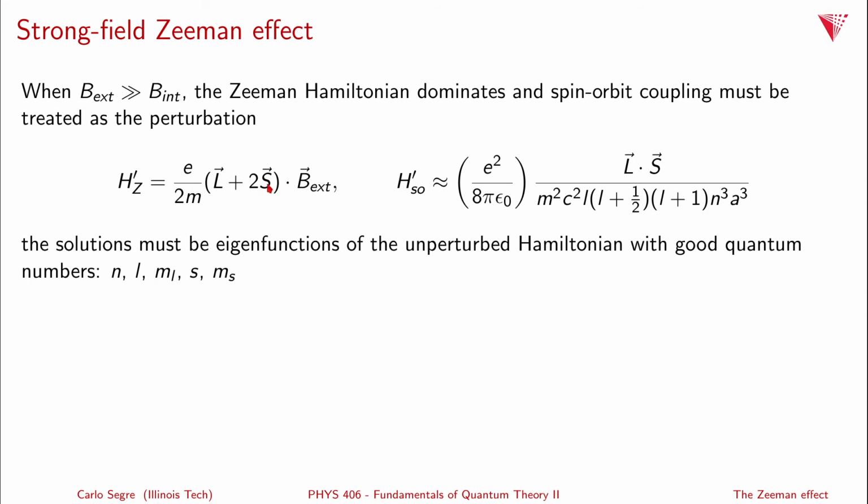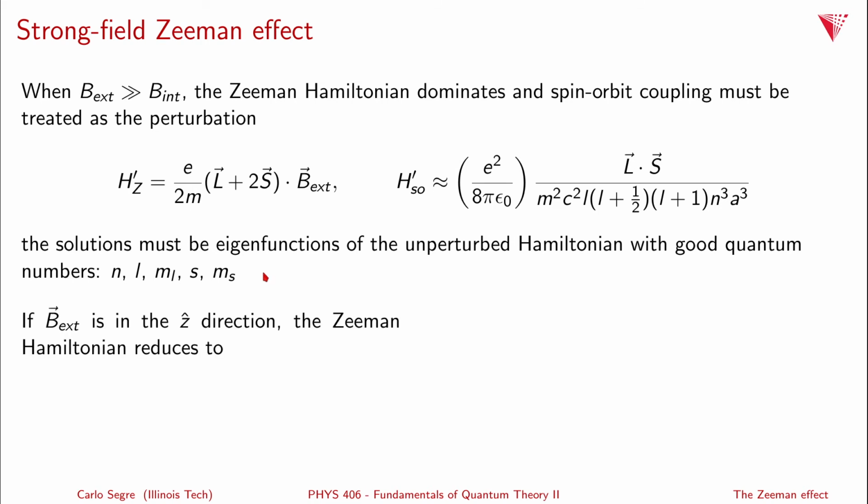The energies have to be diagonal in this Hamiltonian, and therefore these must be good quantum numbers. You need eigenfunctions of L sub z and S sub z. If you put B external in the z direction, the Zeeman Hamiltonian reduces to the following: H prime Z is equal to e over 2m, B external, times L sub z plus 2 S sub z.